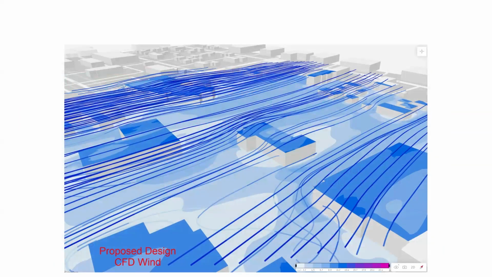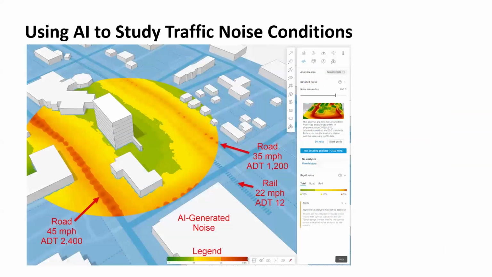Here are the wind streams, which is really interesting to look at, but the previous comfort scale is probably a bit more useful. A new thing that we've been using a lot now that it's so readily available is the traffic noise analysis. When you create the context model in Forma, so you pick an area like Caesar showed, it automatically brings in all the existing buildings.